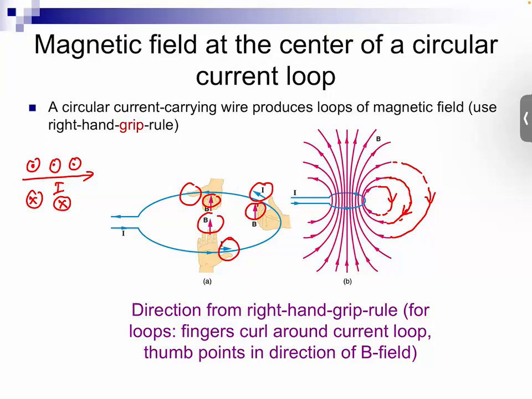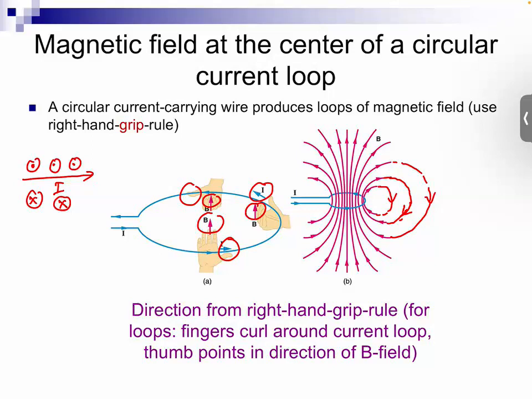Okay, so for loops, we can change a little bit how we find the direction of the magnetic field. For a straight wire, it's like this, right? Point your thumb in the direction of the current, and your fingers curl in the direction of the magnetic field lines. But for a loop, because the current is changing direction at each point, it becomes tedious to find the direction of the magnetic field at each point.